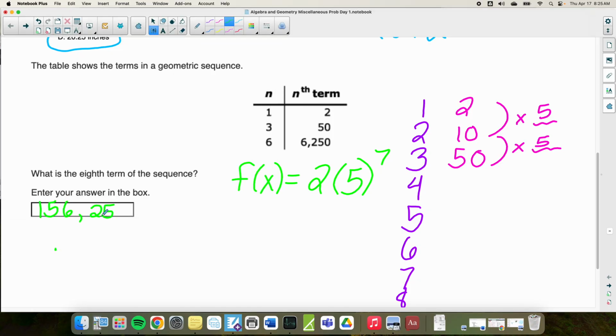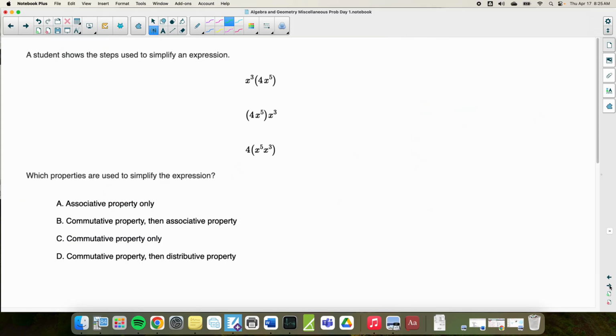But again, I could have just stayed here and kept multiplying by 5.